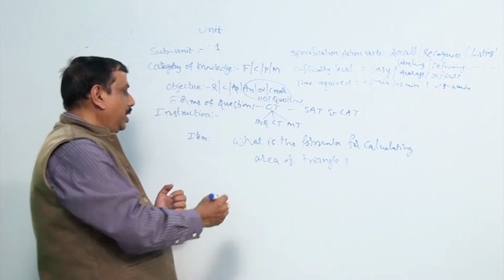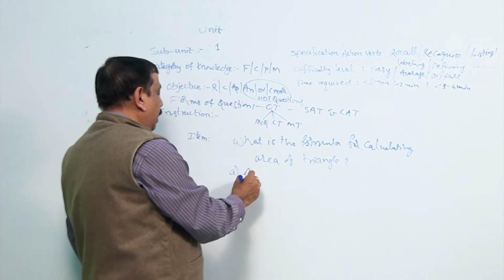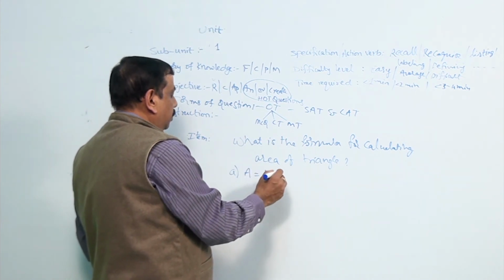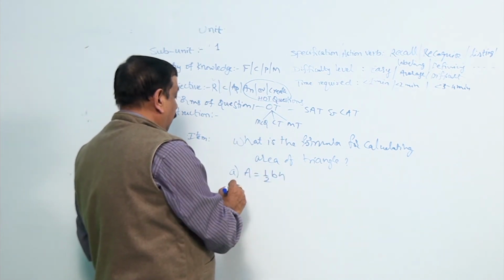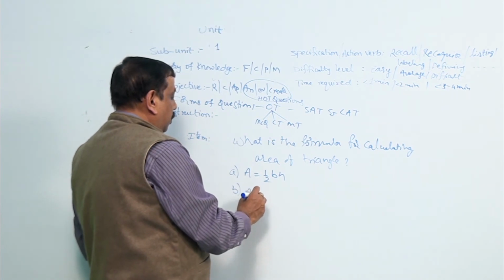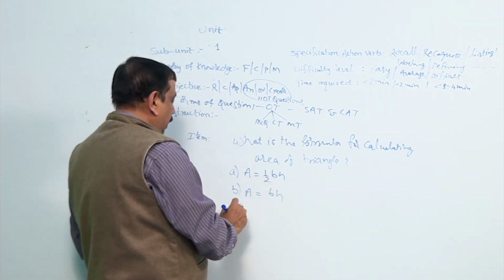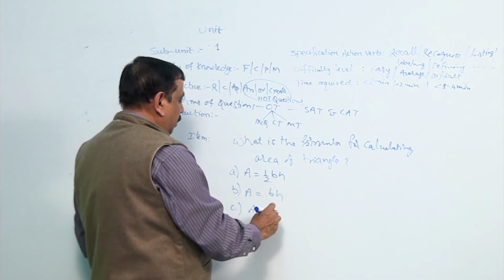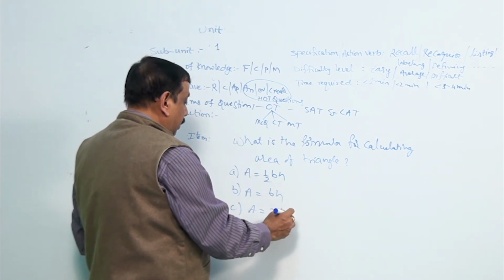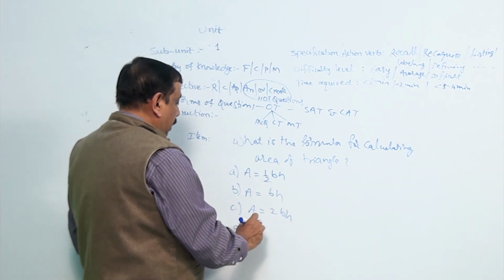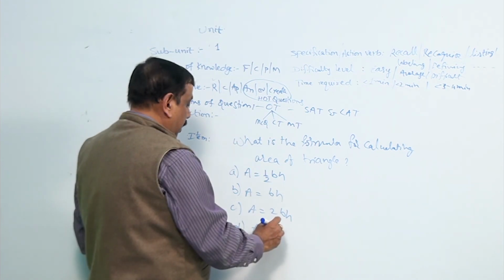So, I can provide the choices as A: A equals half into BH, B: A equals B into H, C: A equals 2BH, and D: A equals BH square.